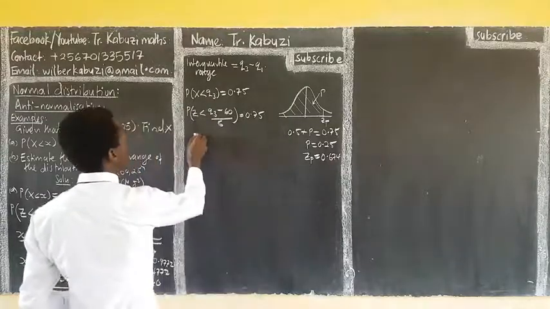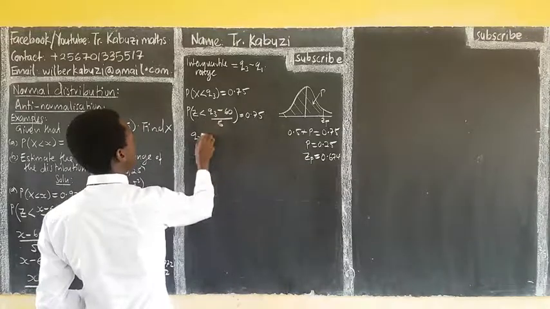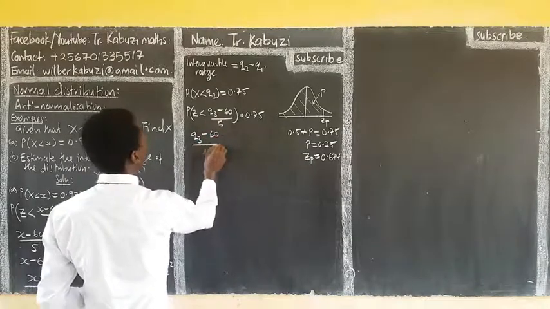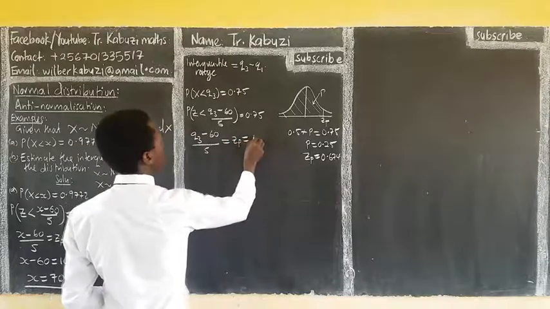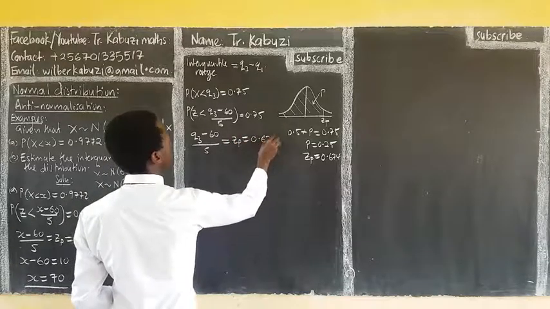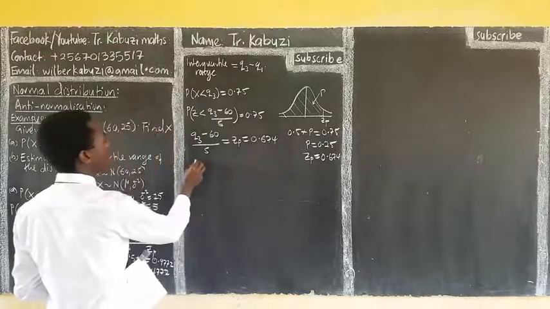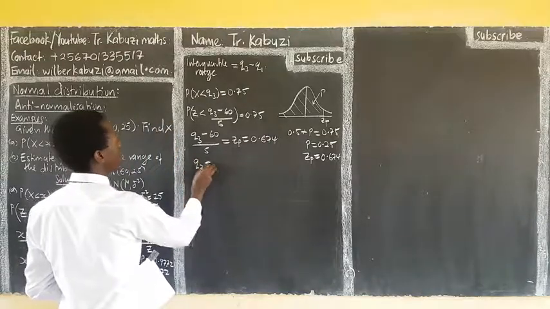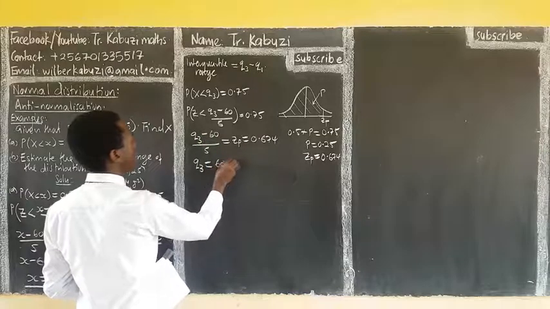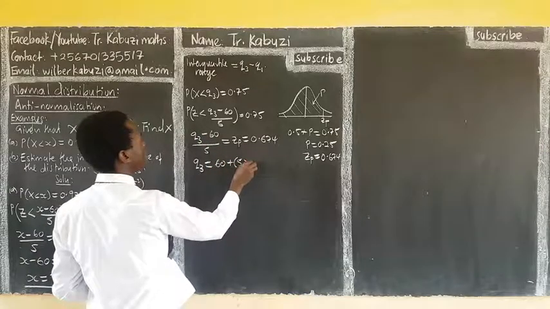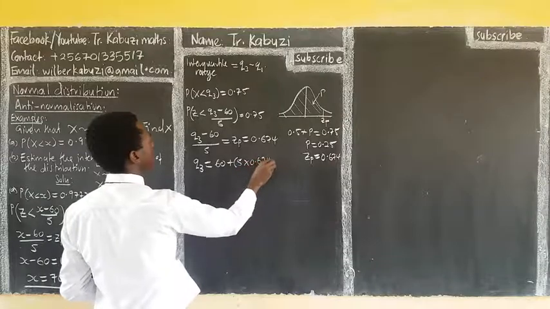So meaning that now our Q3, this is our ZP we are looking for, (Q3 minus 60) over 5 is equal to ZP, which is equal to 0.674. If you cross multiply there, our Q3 will be 60 plus 5 times 0.674.